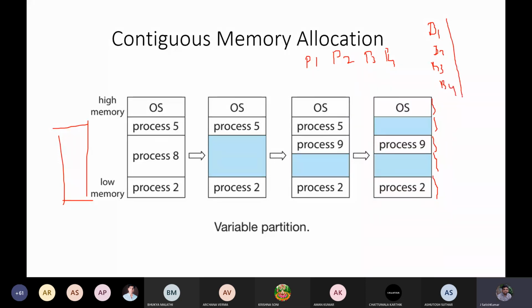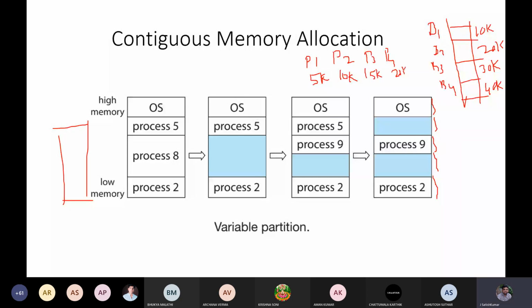Let us say that block 1 is of 10 kilobytes, block 2 is of 20 kilobytes, block 3 is of 30 kilobytes, block 4 is of 40 kilobytes. Now let us say that P1 requires 5 kilobytes, P2 requires 10 kilobytes, P3 requires 15 kilobytes, P4 requires 20 kilobytes. This is program 1 or process 1, you can assume either way.